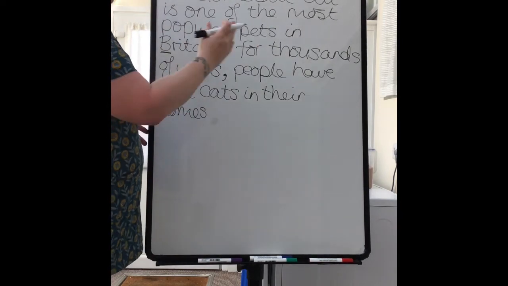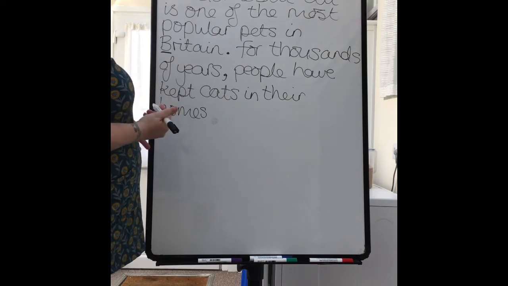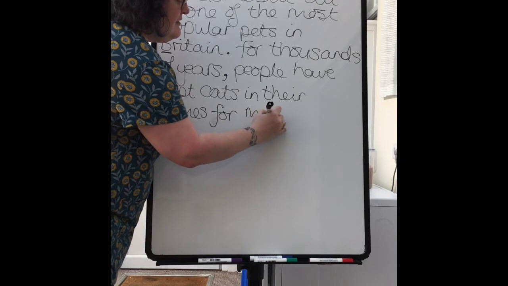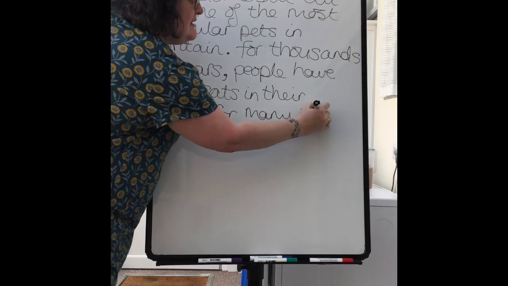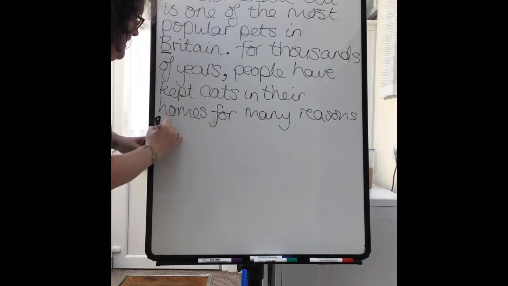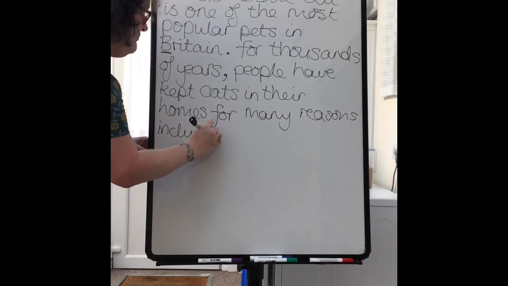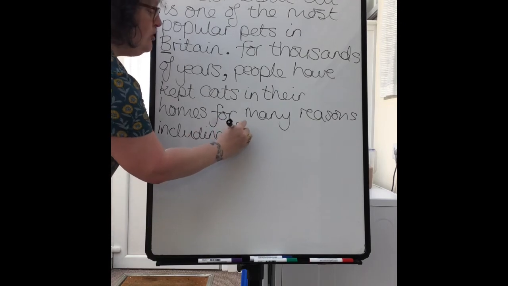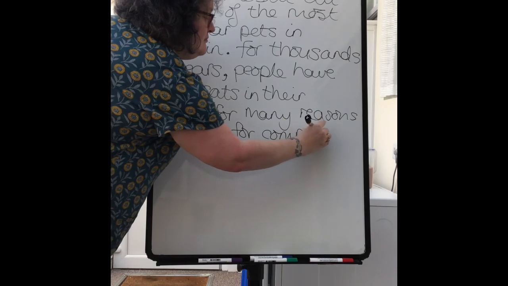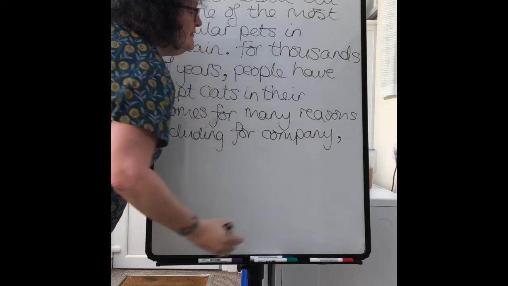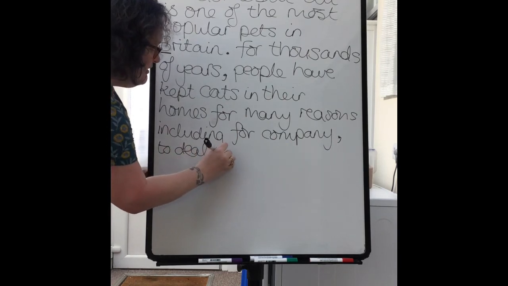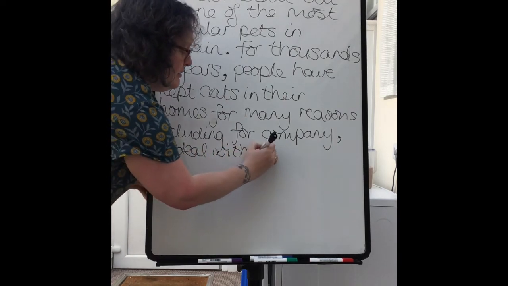Okay, so for thousands of years, people have kept cats in their homes for many reasons, including for company, comma, to deal with rodents.